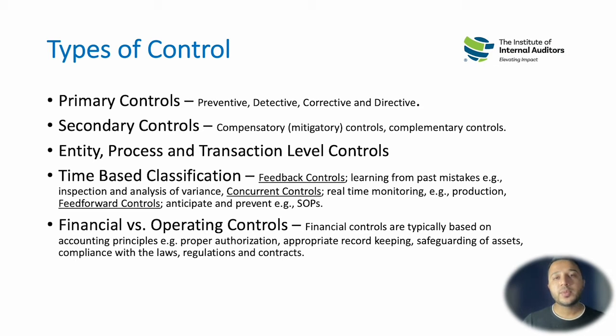Complementary controls are when you place one control over another just to complement the control. For example, I went for a bank audit, and the ATM machine has its own controls in terms of how much amount we put in there and how many withdrawals have happened.